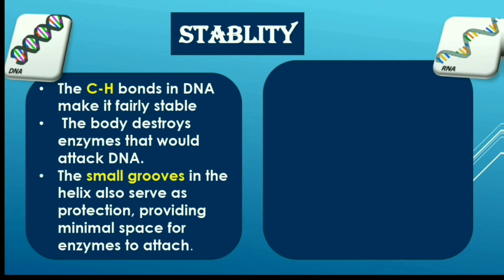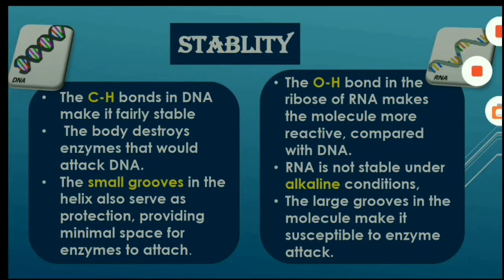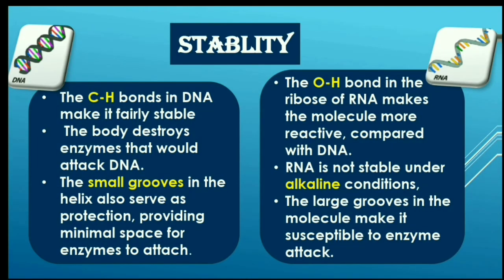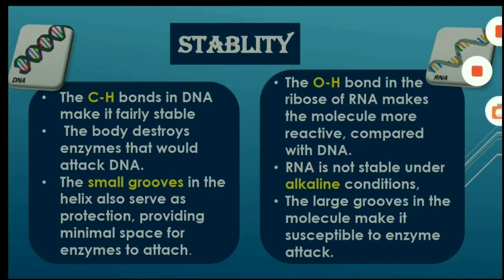Why is RNA unstable? Let's discuss RNA now. It is because of the hydroxyl groups present in the ribose sugar of the RNA. Clear? Two hydroxyl groups are present in the ribose sugar of RNA, which make the RNA molecule unstable.